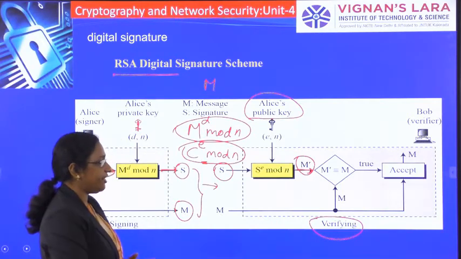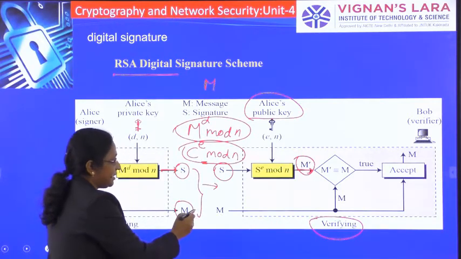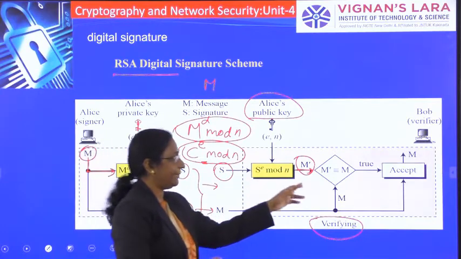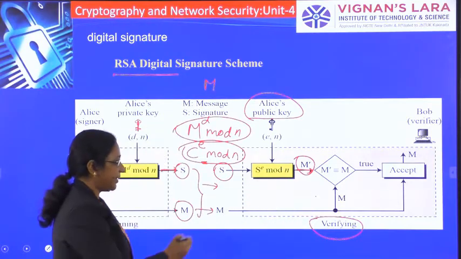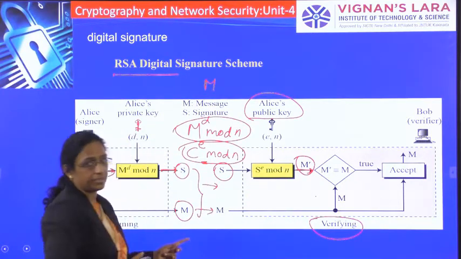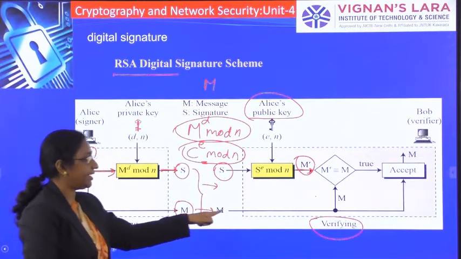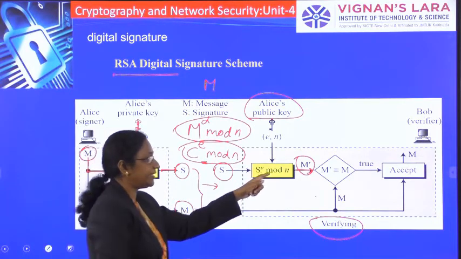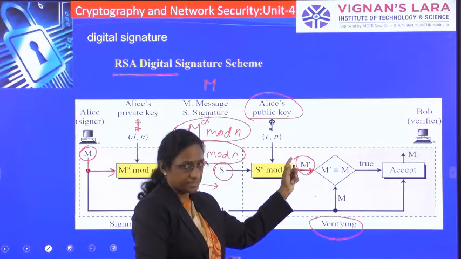As the verifying algorithm, both messages will be compared: the message M that Alice has sent, and the message M dash that Bob has computed.